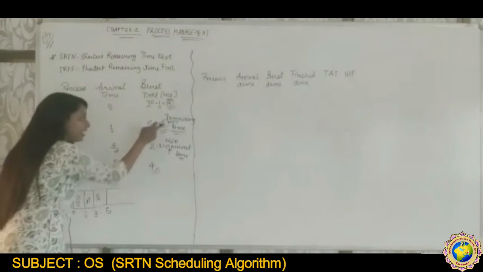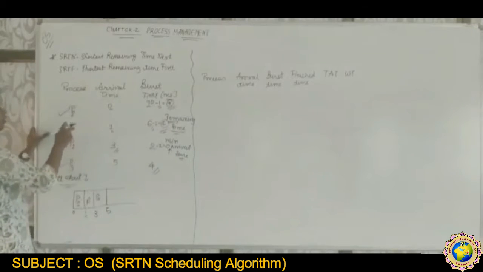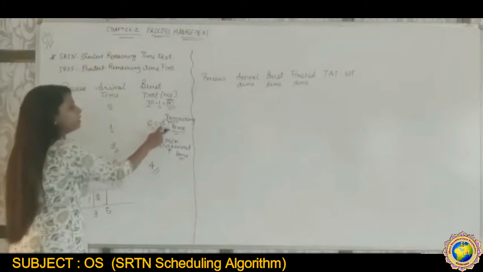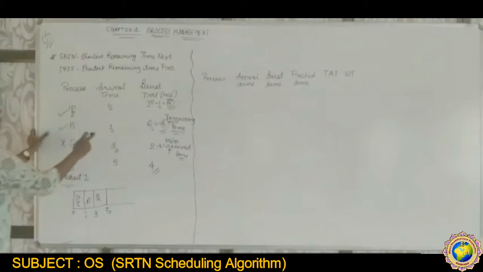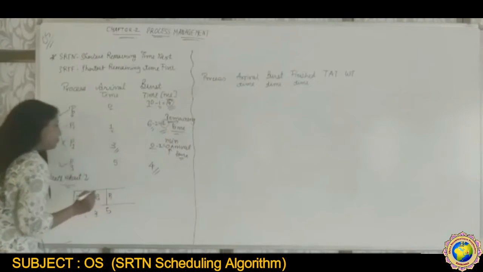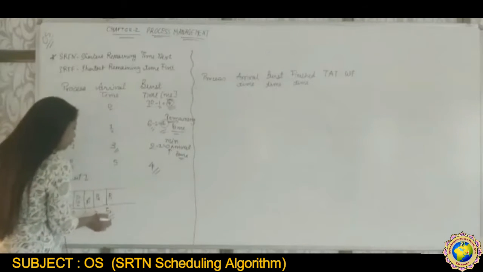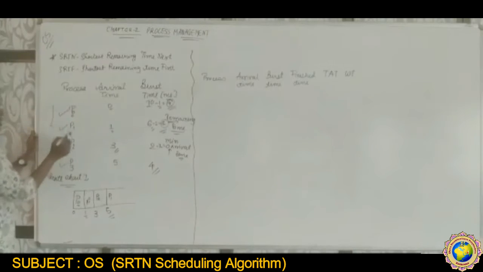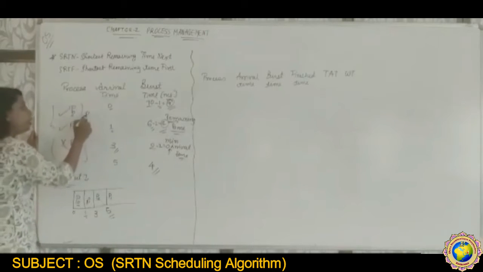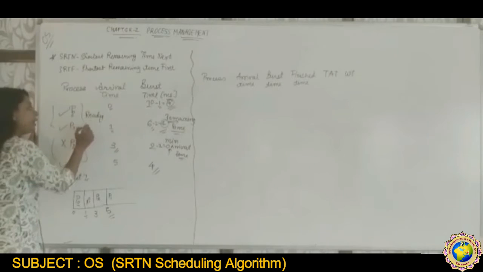Although both are the same, we continue with the minimum remaining time, that will be P1. So we continue with P1, then see that up to 5 all the processes are in the ready queue, the ready state we can say.